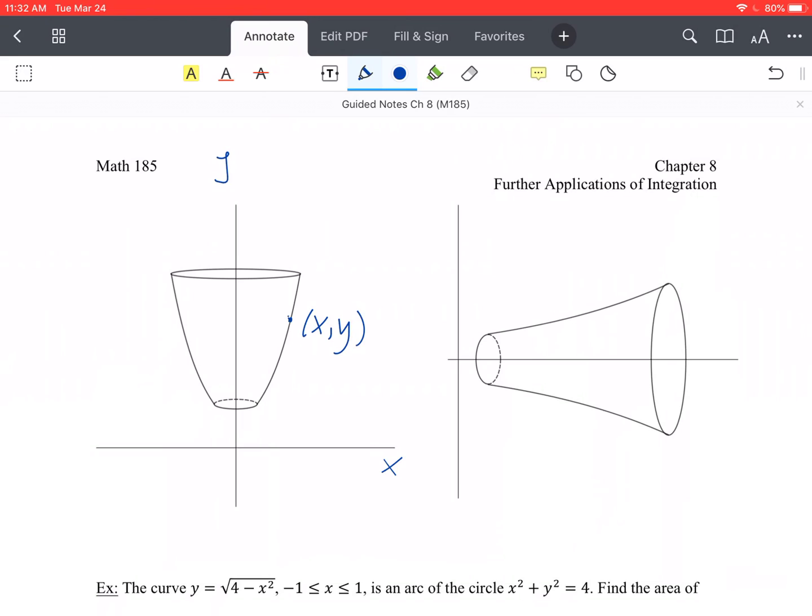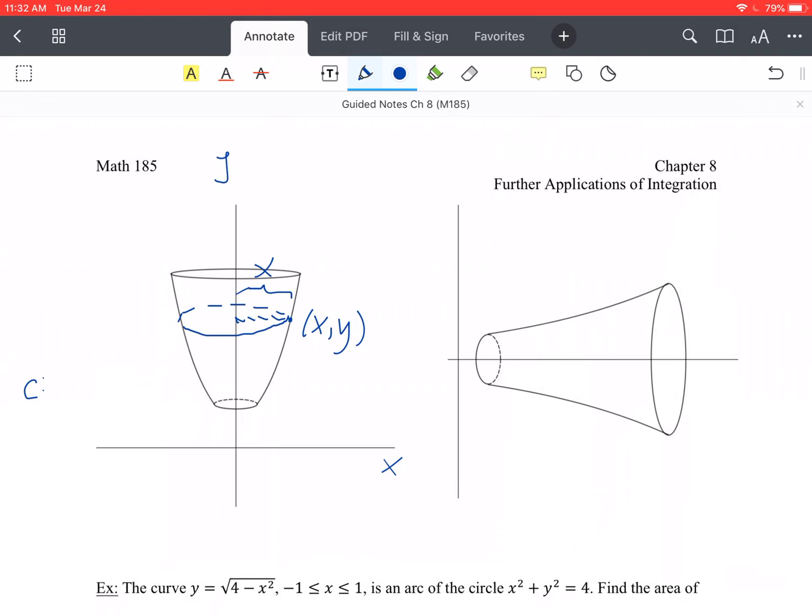That's our sample point. And rotate that. Then the radius of this circle, that's going to be x.